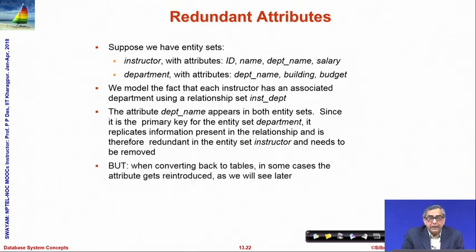But we will see the different cases of which style of design would be better: whether to maintain the department name as a part of the instructor relation, or not have it there and have a separate relation which maps instructor ID against the department name.